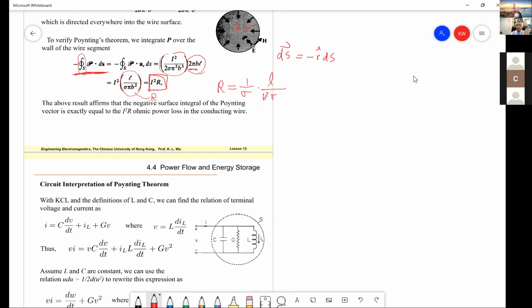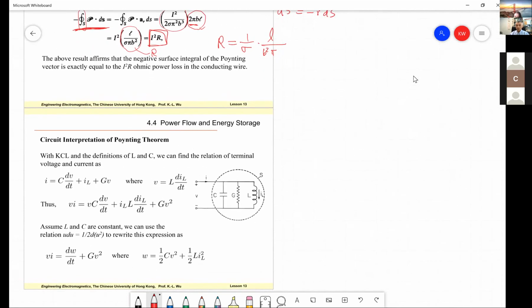All right, the Poynting theorem also has a circuit form, or circuit representation. If we have an RLC circuit and look at the total power delivered at these two terminals, that is V times I, voltage times current.